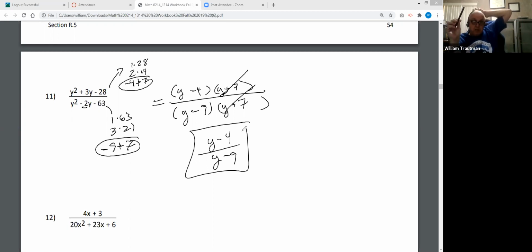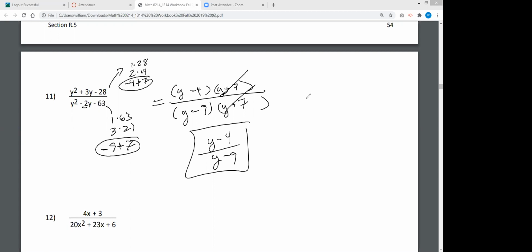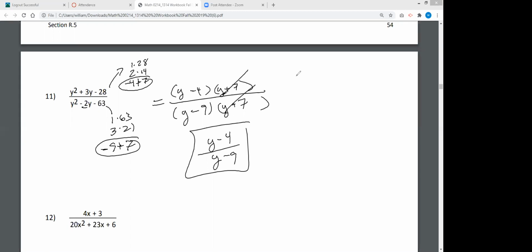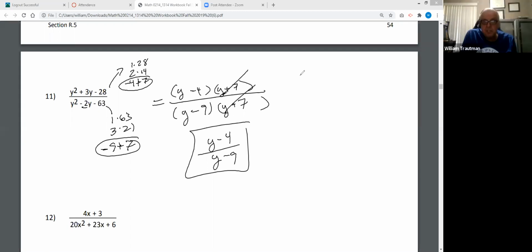The factoring part is, you have to remember how to factor all the different things. That's why you have to go back to that homework and try those factors. Get it all right. Yes? Sure. So it doesn't matter what power it is, it's 2? Say that again?